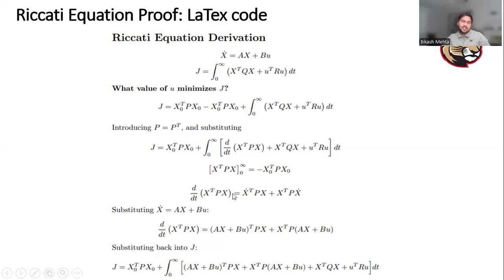After substituting this term into x dot, Ax plus Bu, we get this form, and after substituting back into J, the cost function, we get this expression.